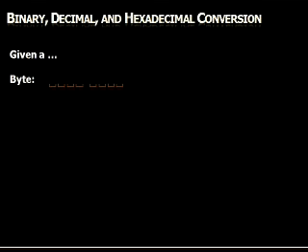When looking at a byte, it's made up of 8 possible positions. To begin converting a binary byte to a decimal number, we'll number the positions beginning from the right with 1 and doubling in each space as we move left.